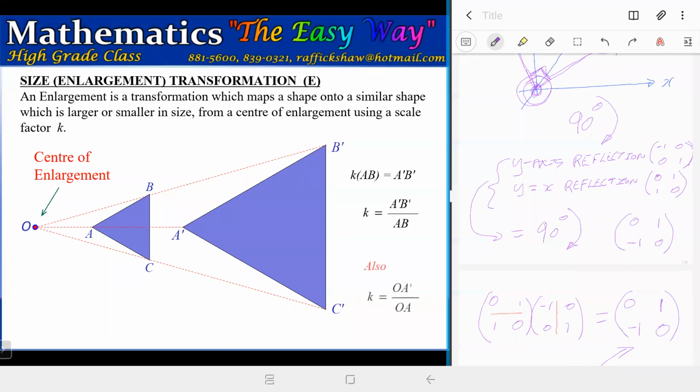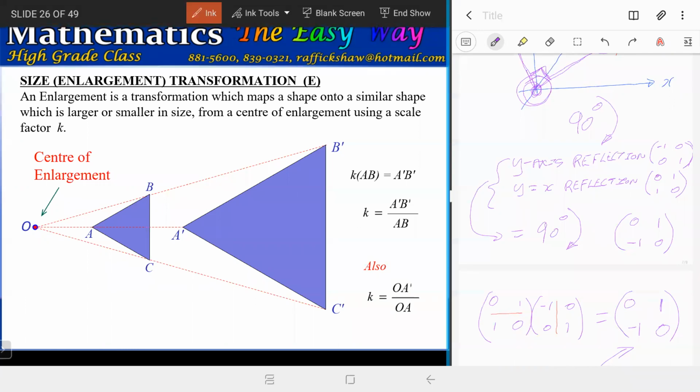Also, not only are the sides on the object affected by the scale factor, the distance from the center is also affected by the scale factor. So the distance from the center to here is also multiplied by the same scale factor to get the distance out to here.